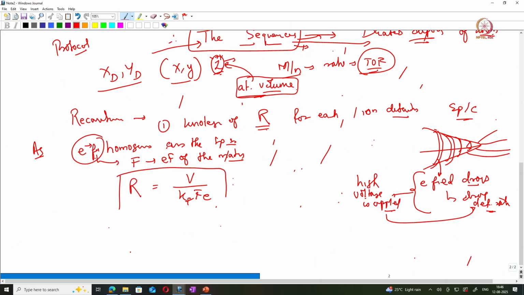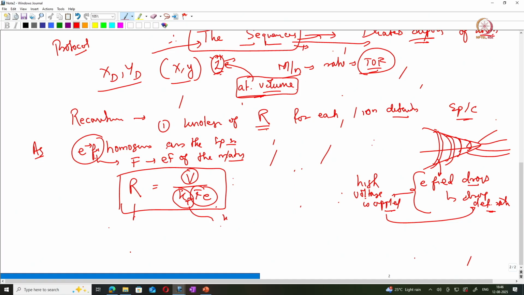Assuming that the electric field is homogeneous and near the field evaporation field of that particular material, you can get the instantaneous radius, which is given by the voltage applied divided by the field factor Kf and the Fe, which can be estimated.